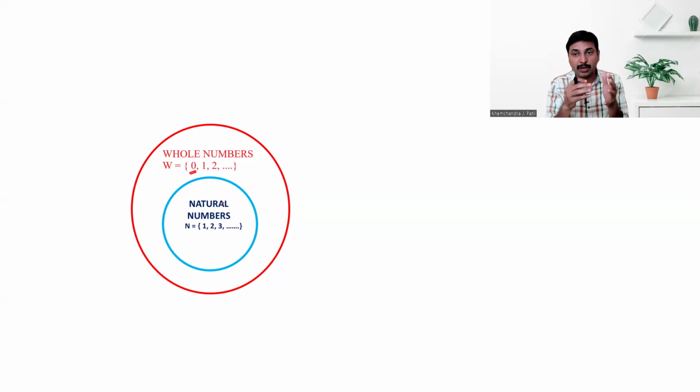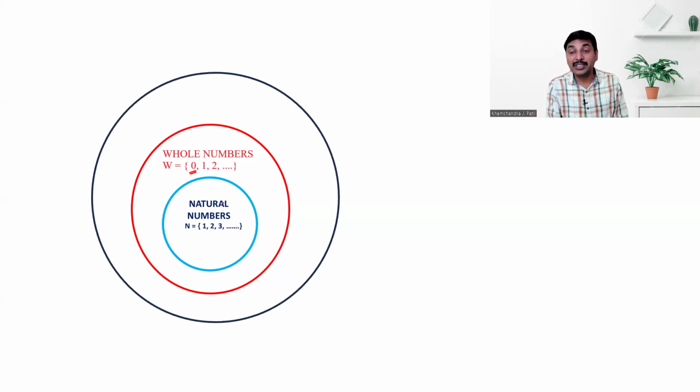Just like Maharashtra is in India. The map of Maharashtra is completely inscribed in the map of India. Similarly, all natural numbers are whole numbers. So what is the difference between whole numbers and natural numbers? That is 0. Now all whole numbers are integers.